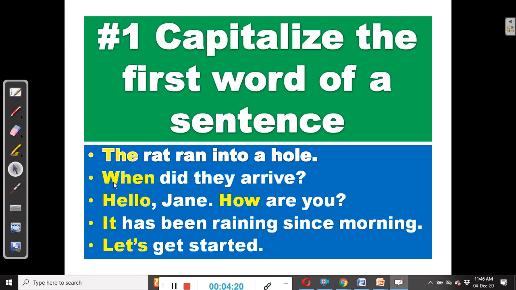Whenever you write a sentence and you begin with a small letter, you have violated the rule of capitalization. And if you are a candidate in any English exam, you lose a mark for committing that error.